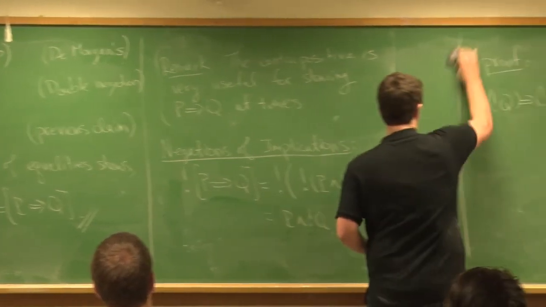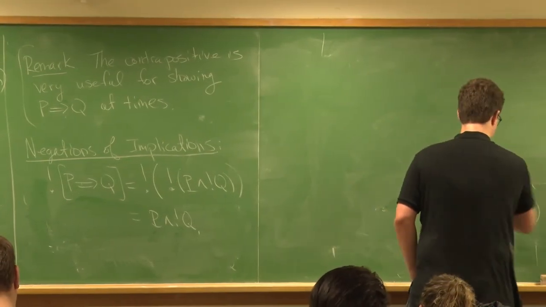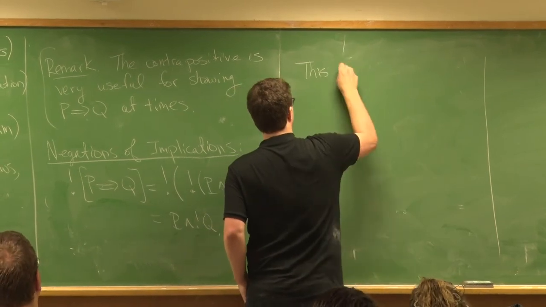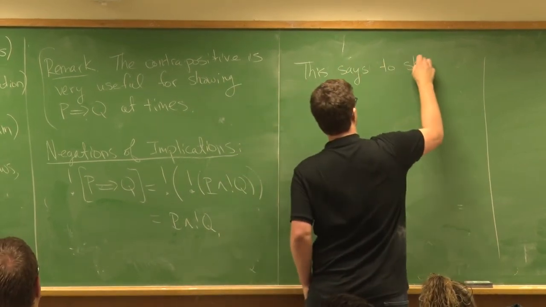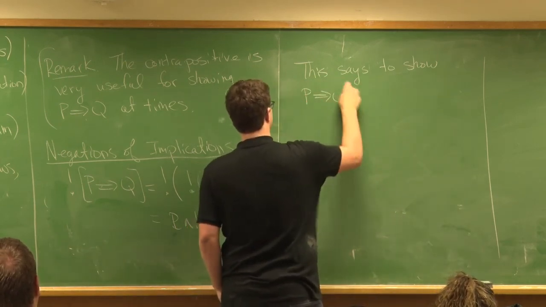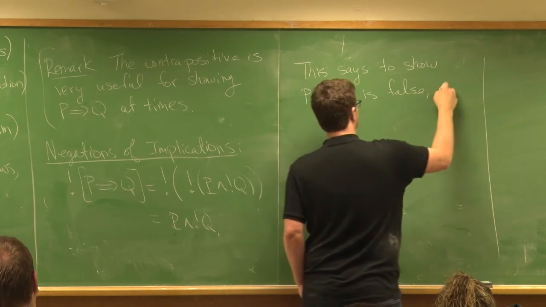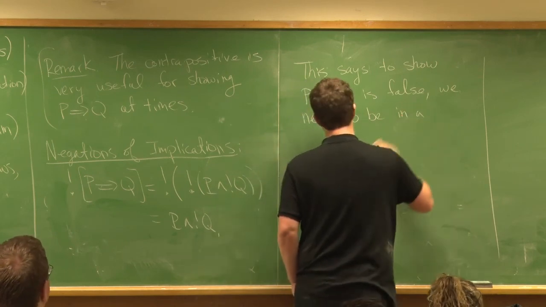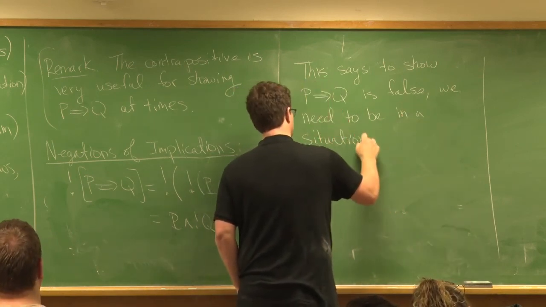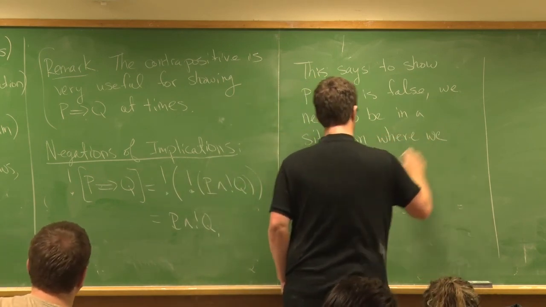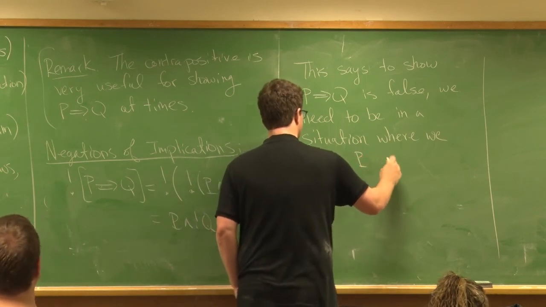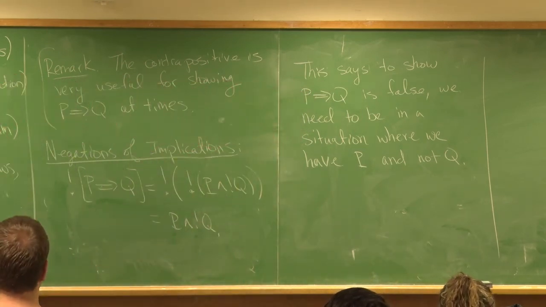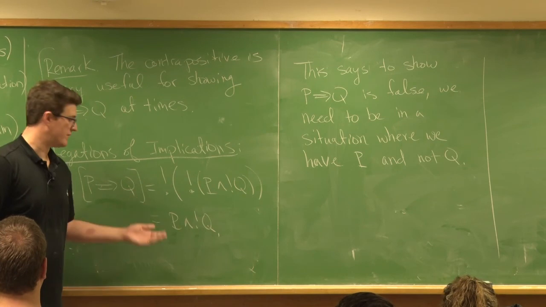So this says to show that P implies Q is false, we need to give a situation where we have P and not Q. So we need to start with a P. Often it comes in the form of an example, a counterexample or something.